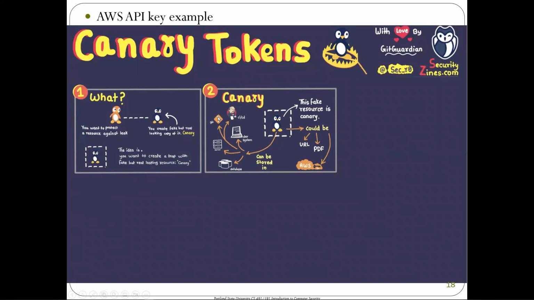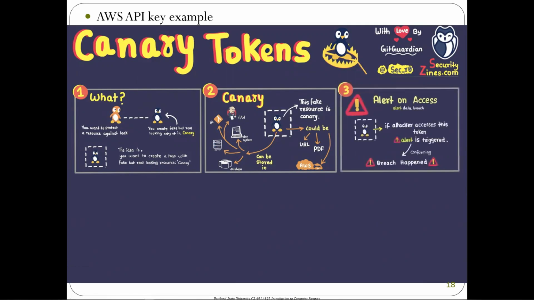So if it's in your Git repo, CI/CD pipeline, a developer system, on your running web servers, inside of your databases, this is where you insert your canaries. And the canaries themselves could be URLs, PDF files, or actual AWS security credentials.